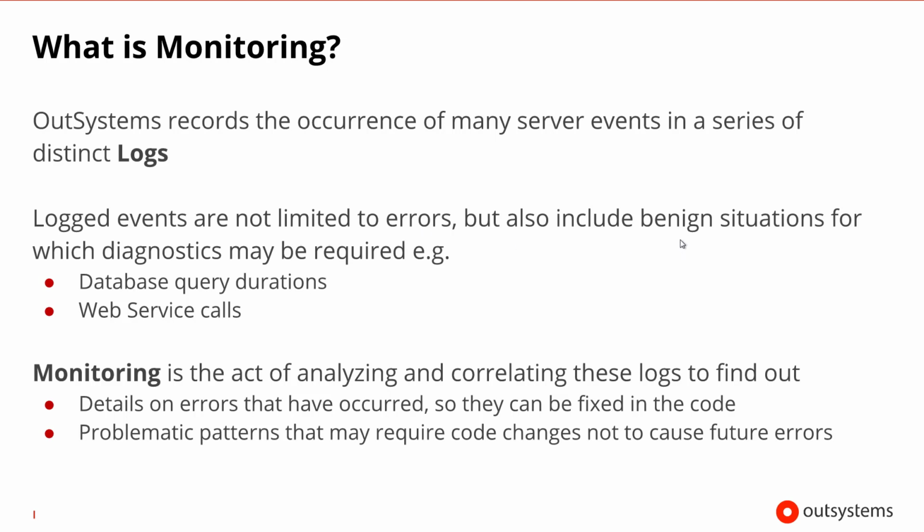They can also include different types of benign situations, like how long a database query took, how long a web services call took, and we can add things to these logs as we want to. So monitoring is the act of analyzing and correlating the information in these logs to try to determine why errors may have occurred or strange behaviors are occurring. And this can include noticing problematic patterns and trying to figure out how we can use that information to change the code so it doesn't cause future errors or different types of problems.